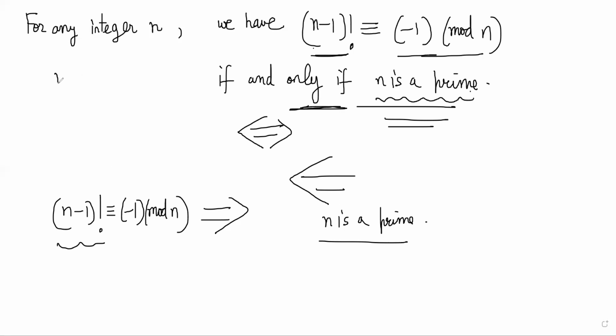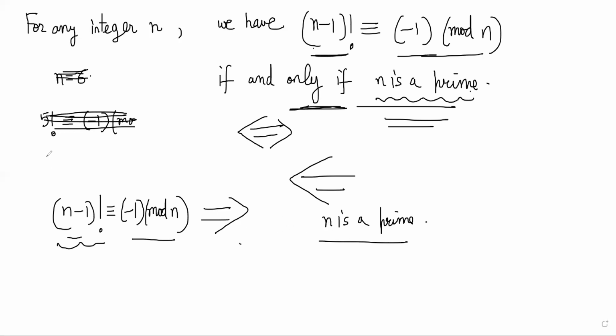Let's take n equal to 6, for example. So 5 factorial is congruent to minus 1 mod. No, we can't take an arbitrary case. We have to get a case such that this is true, and from there we have to show that it is prime.